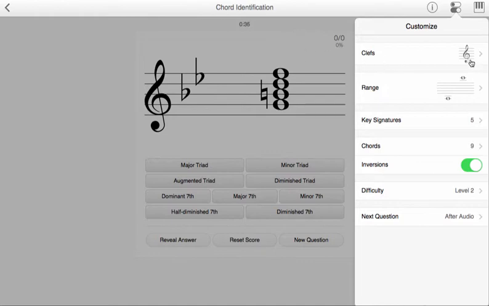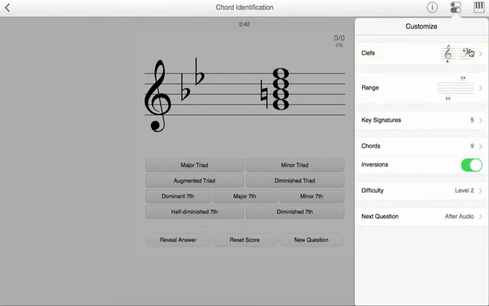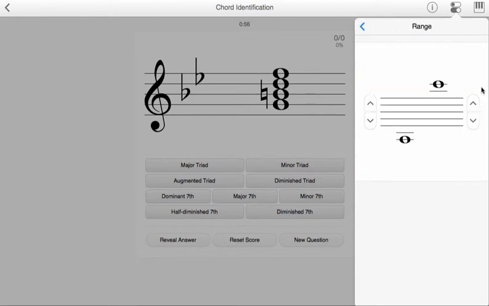So you can choose a clef, you can just choose treble, or you can add in bass clef, which is probably a good idea. So you have options of both of these showing up on the questions. And then range, so if you don't want to go much below this ledger line and this treble ledger line, you can leave it as is, but it's possible to customize that as well.